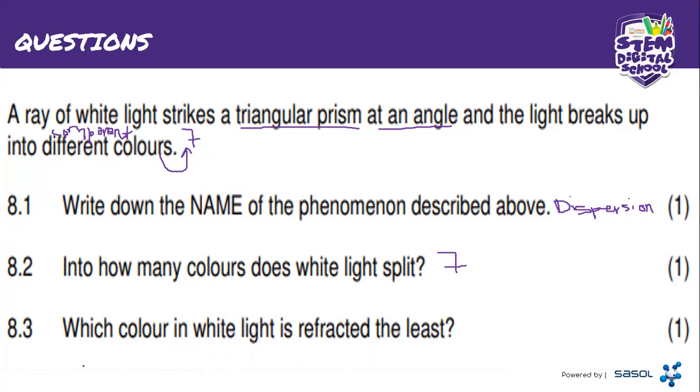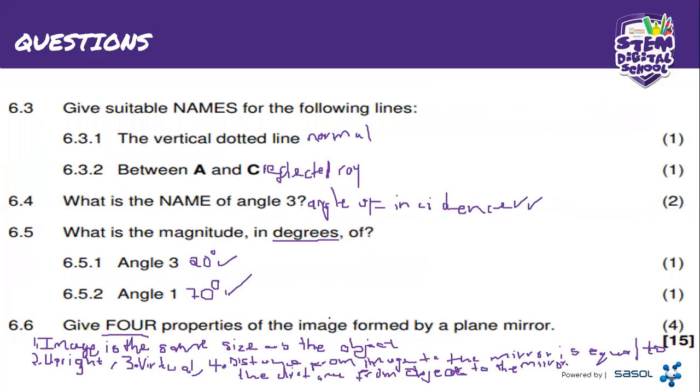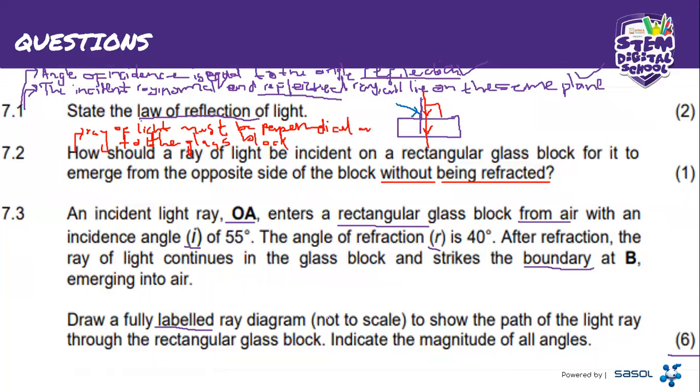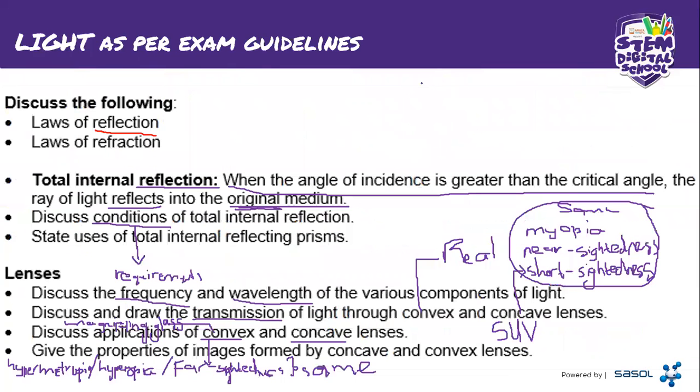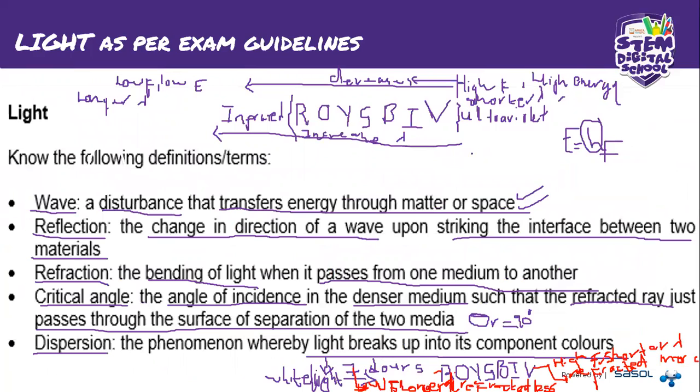And they ask us, which color in white light is refracted the least? And I quickly want to go back there. Look at violet. It has the highest frequency. And when you go through the visible spectrum to red, it has the lowest frequency.